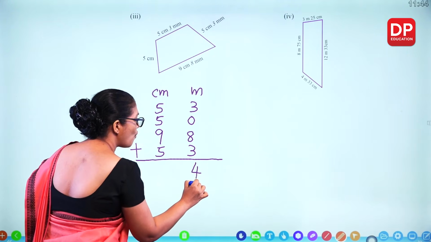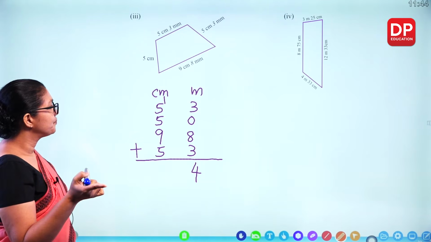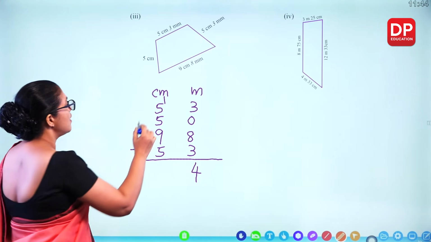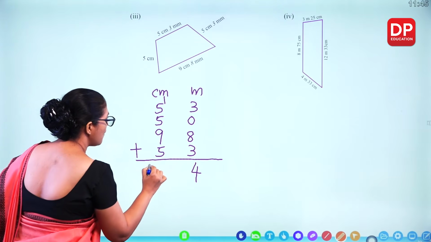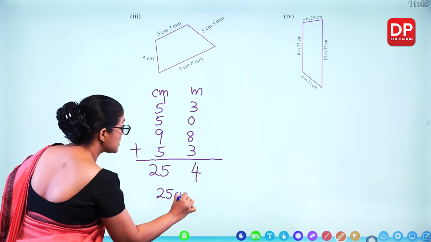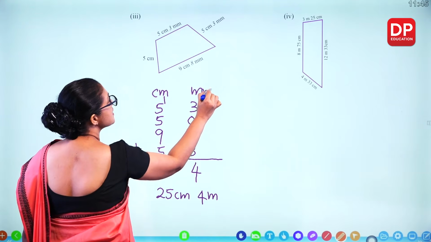So you put 4 and take 1 there because 10 is the maximum. You can't keep 10. 10, you have to move it to the other place. 10 and this 10, 20, 25. So you get 25 centimeters and 4 millimeters.